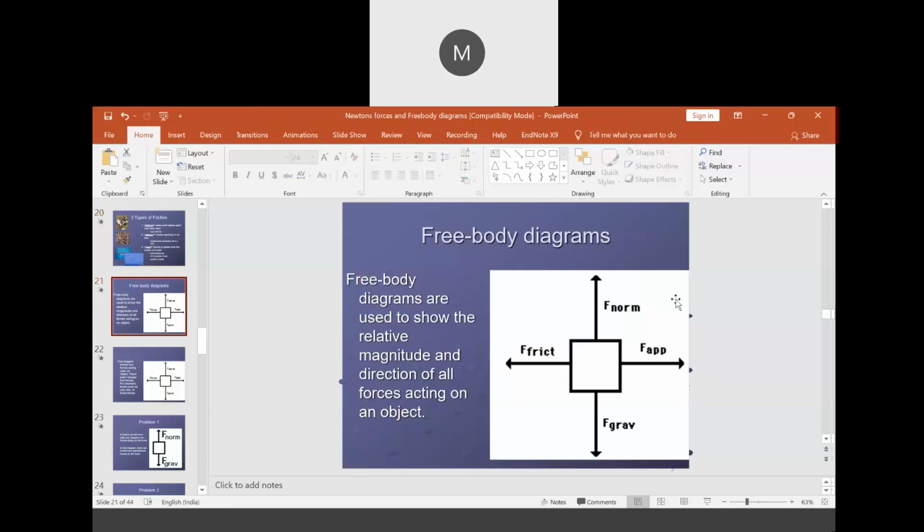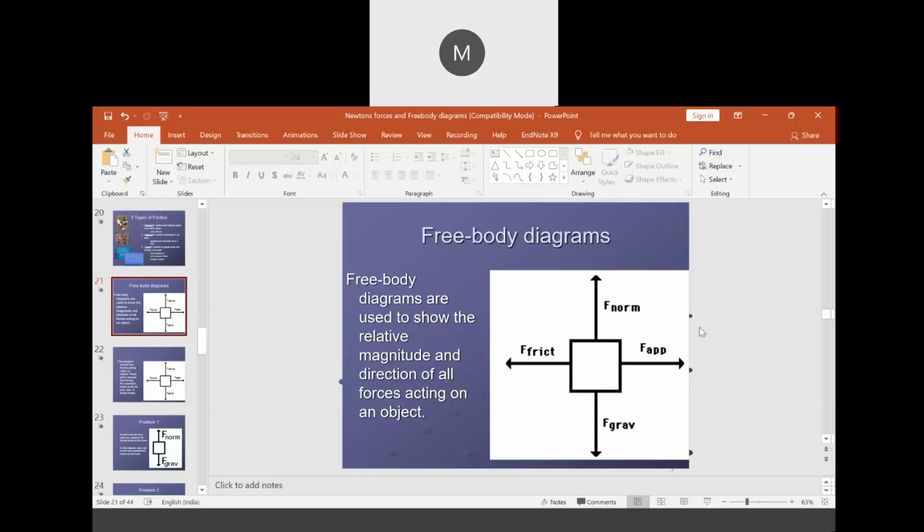Now, coming to the free body diagram. Just now we discussed what free body diagrams are. These are the diagrams that are used to show the relative magnitude and direction of all the forces involved. Suppose this is the object. This is the applied force direction and this is the frictional direction.